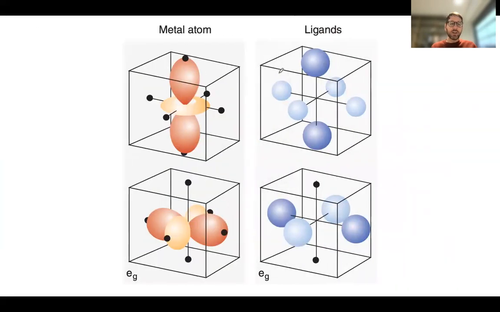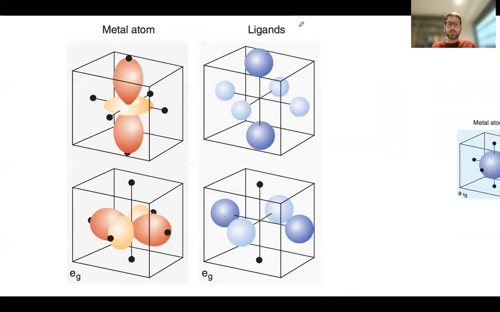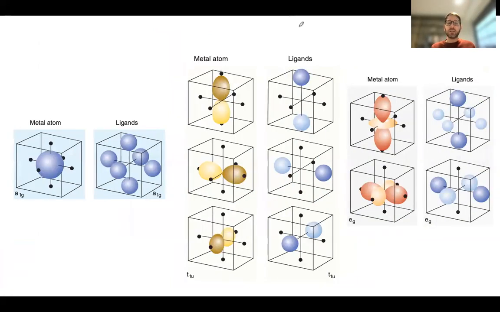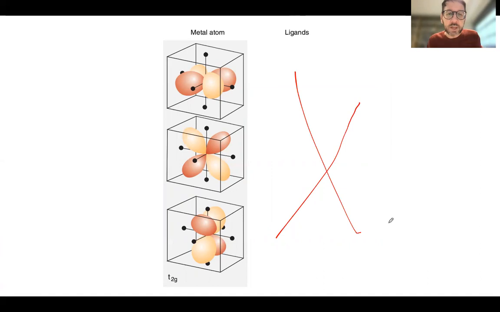And for the d orbitals, we have here the eg orbitals of the metal and the linear combinations that are possible for the orbitals of the ligands having sigma bonding to interact with these orbitals of the metal atom. And for the t2g orbitals in the metal, in the octahedral environment, there are no ligand linear combinations that are possible to match these symmetries.